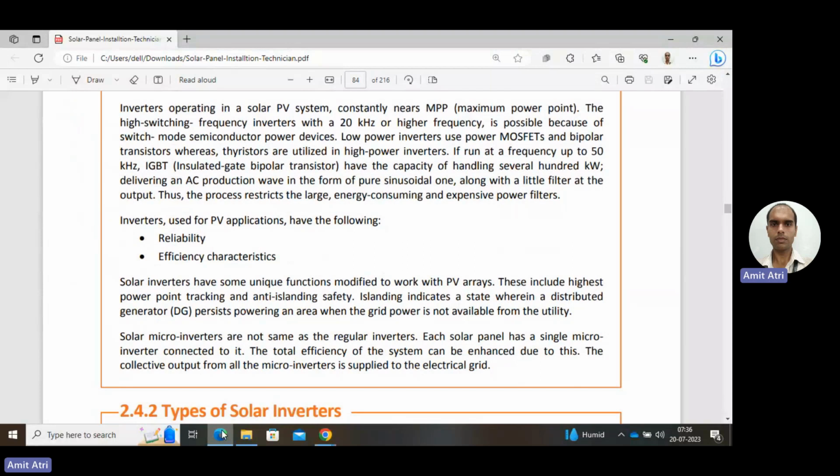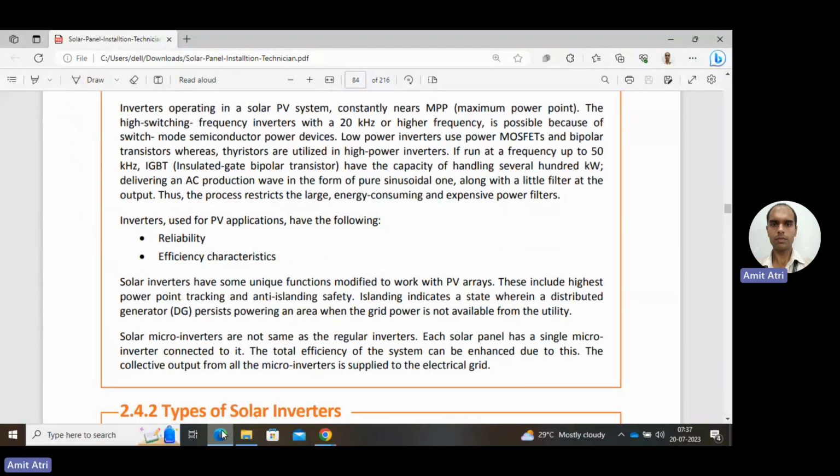Solar inverters have some unique functions modified to work with PV arrays. This means there is a little difference between the normal inverters which we use in households and solar inverters. They are specially designed to work with solar arrays. One of these requirements is maximum power point tracking.